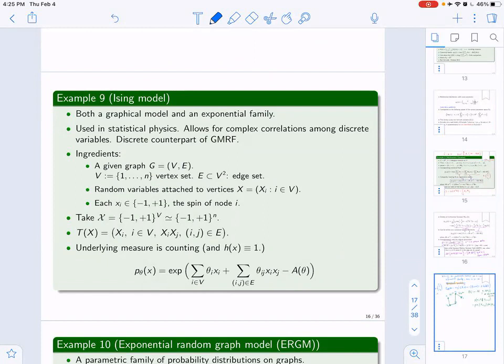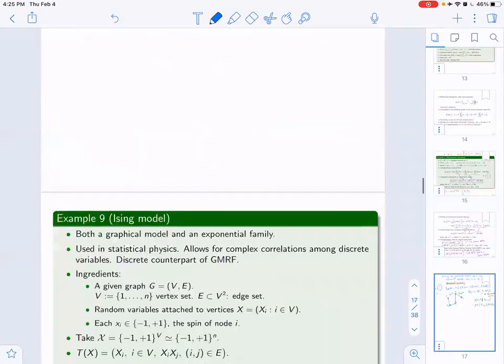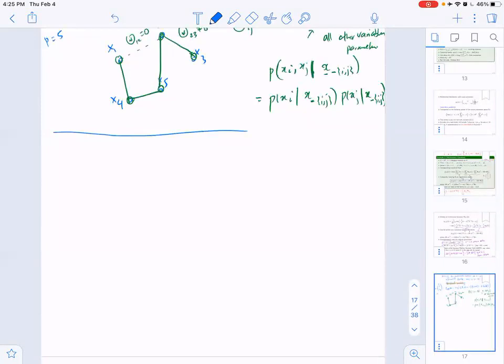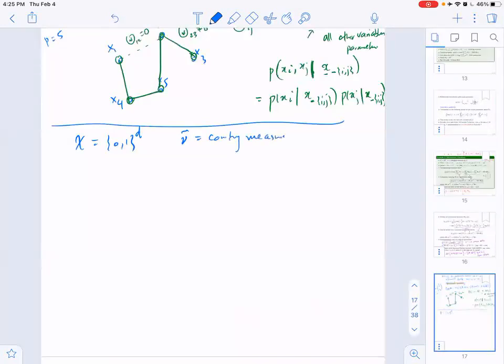So this is another example where it's both a graphical model and an exponential family. So let X be {0,1}^d, with ν the counting measure on X, and let T(x) be x_i for i from 1 to d, and x_i x_j for i less than j, less than or equal to d.